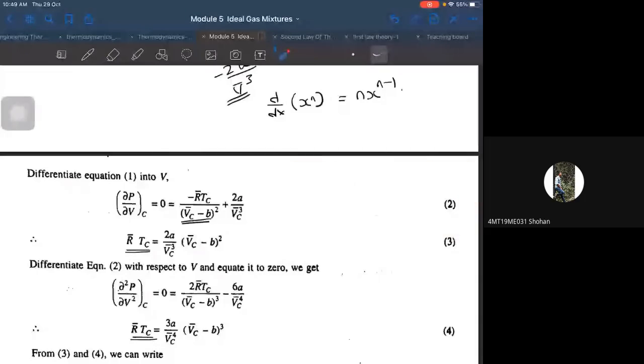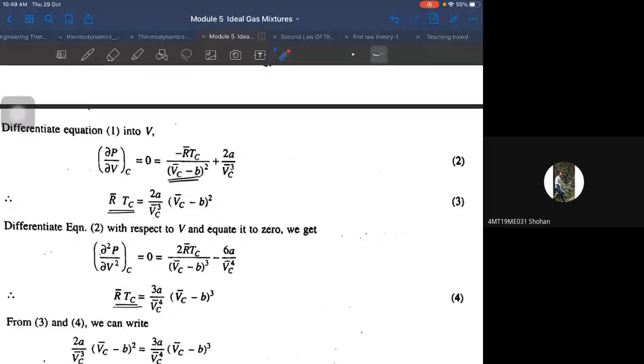It is a simple differentiation. Should I explain once again how this differentiation has been obtained? Yes, sir. Okay, fine.